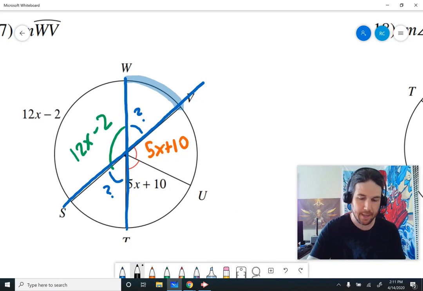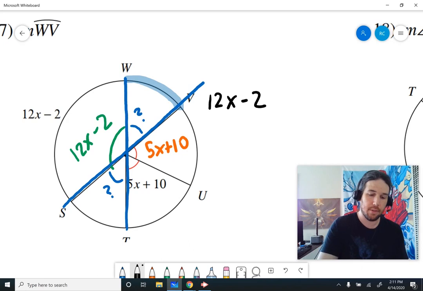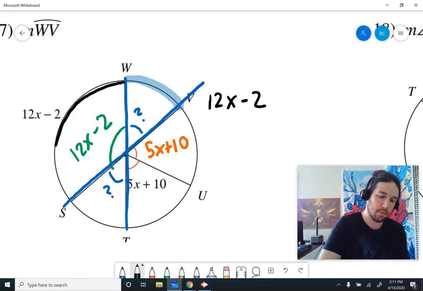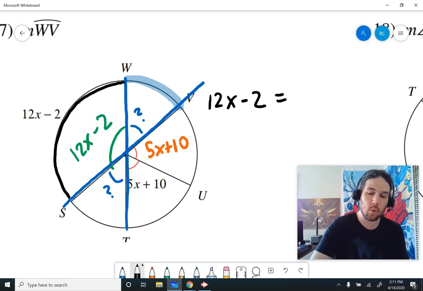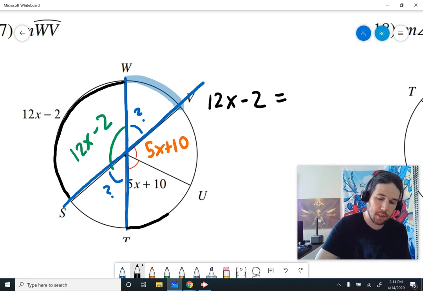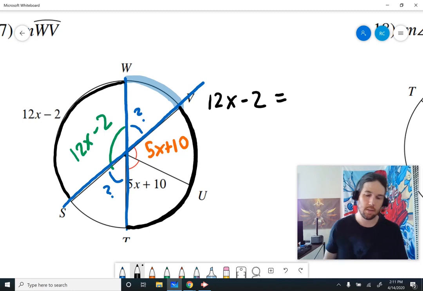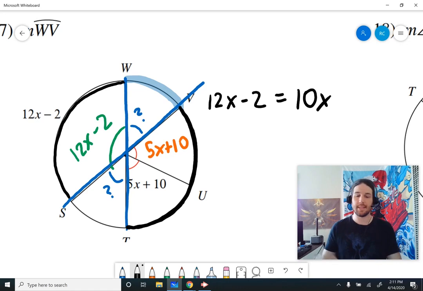So we can say that 12x minus 2, that's this arc here, is equal to the sum of these two arcs right here. So 5x plus 5x is 10x, and 10 plus 10 is 20.